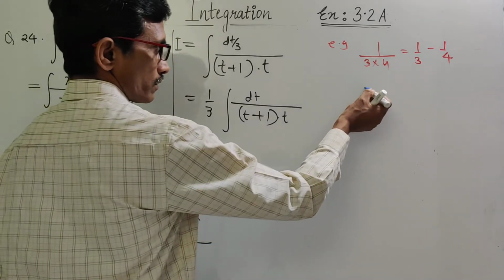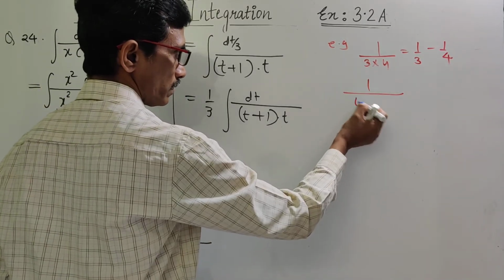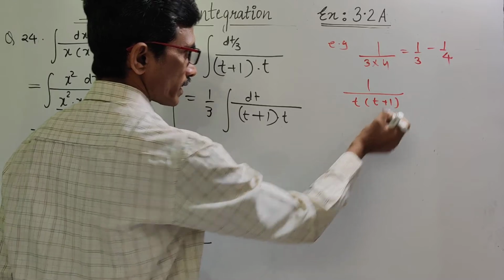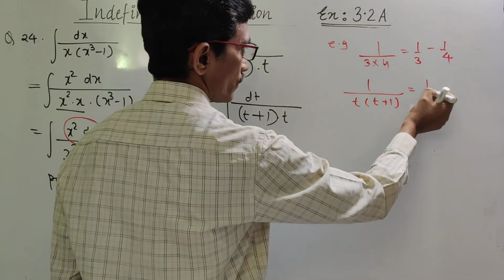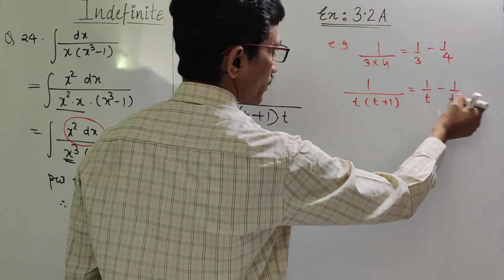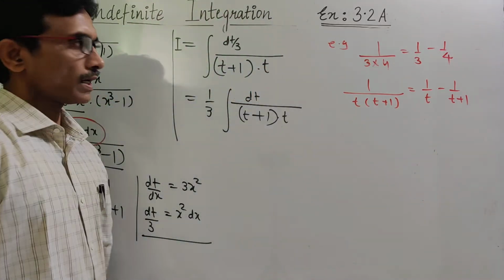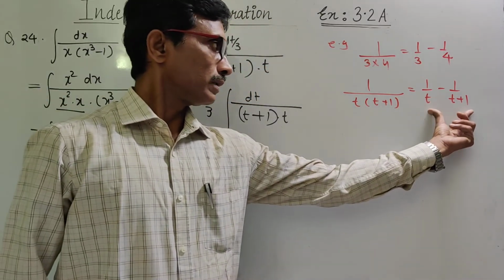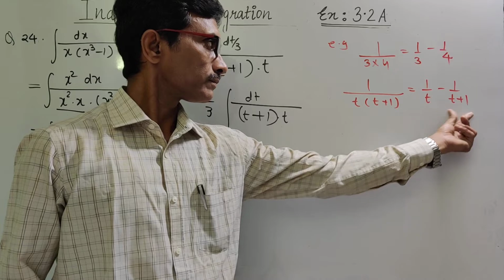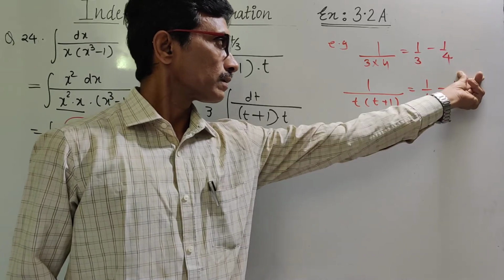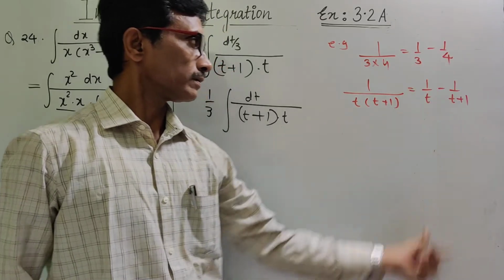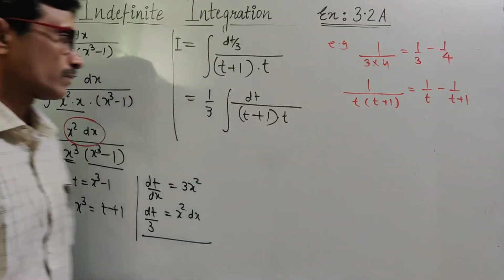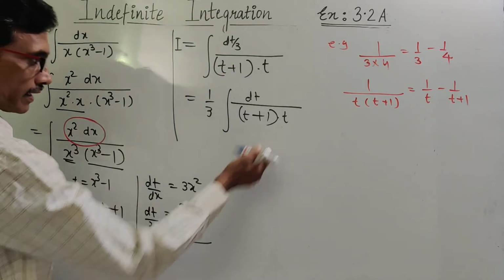Similarly, 1 by t into t plus 1 we can write as 1 by t minus 1 by t plus 1. So that t into t plus 1 will be the LCM, and the numerator will become t plus 1 minus t, which is 1. So same thing we will write here.